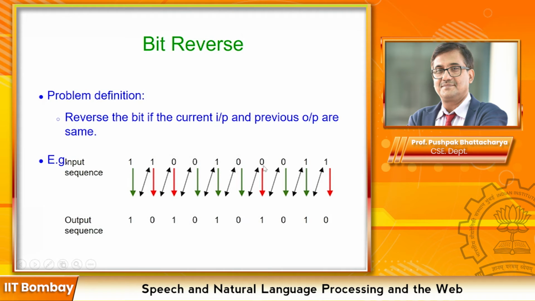Output 0, input 0, should be reversed to 1. So the output is 1, 0, 0, 0, 1, 1, 1, 1, 0. This is called the bit reversal problem, but not ordinary bit reversal. It is context sensitive. Depending on what the previous output was, the bit is reversed or not.